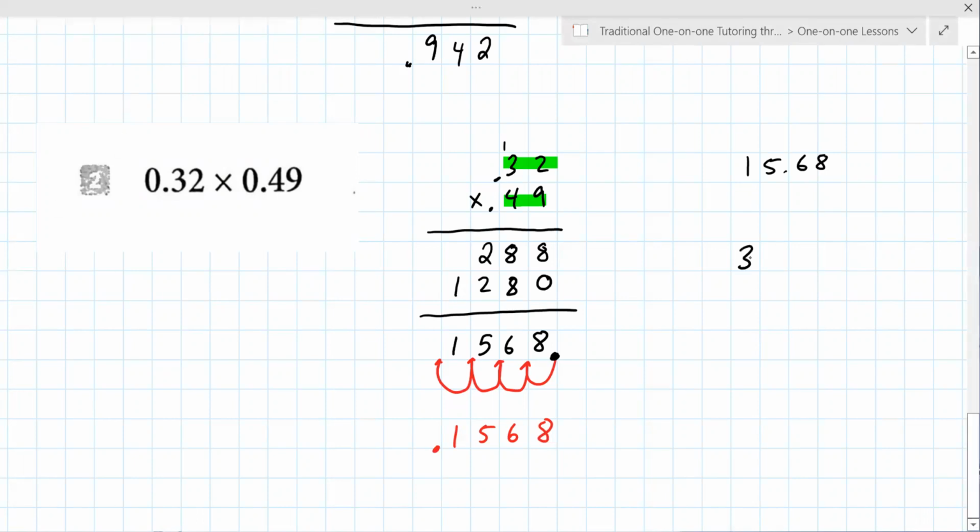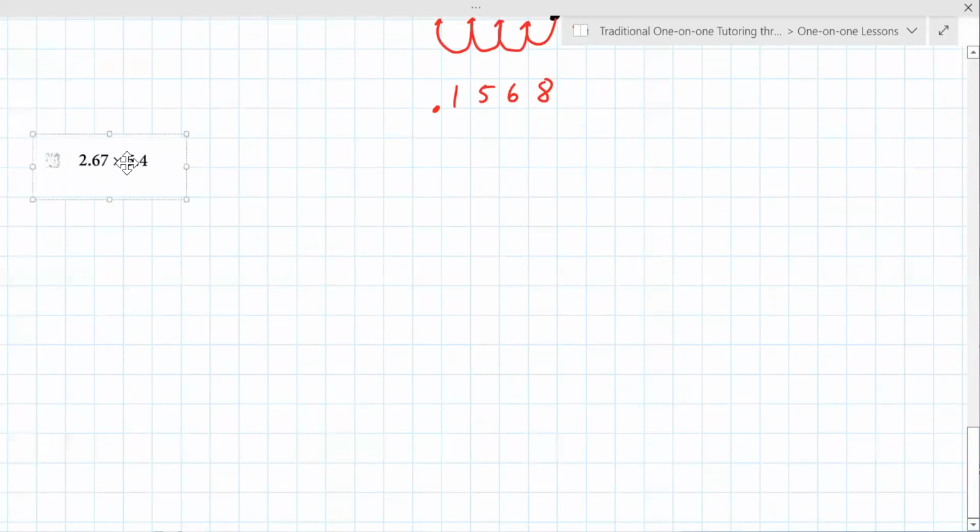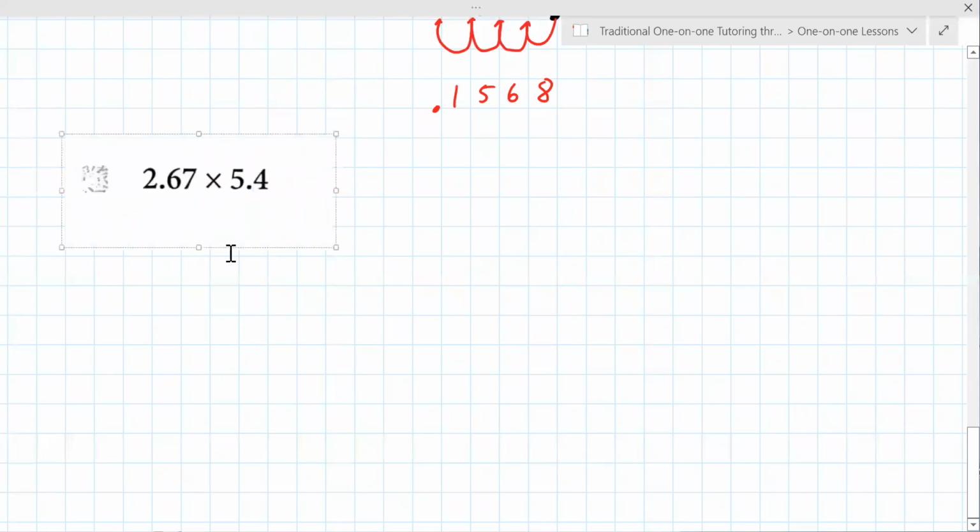But I think what you were about to say is totally correct. It's okay to multiply 32 and 49 like that, but you do just have to count the number of decimal places. We'll see that in problem 4. It's probably better just to treat it as a 3-digit number times a 2-digit number. And because you're a more mature math student, you understand what I just said.